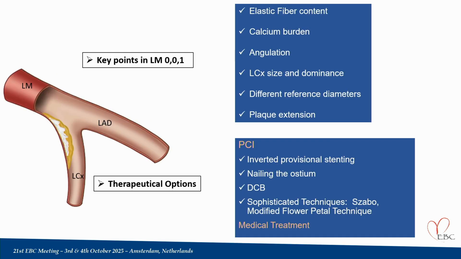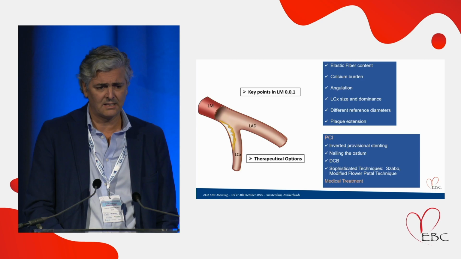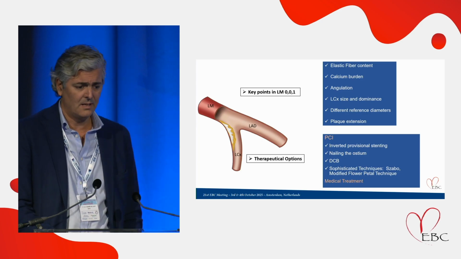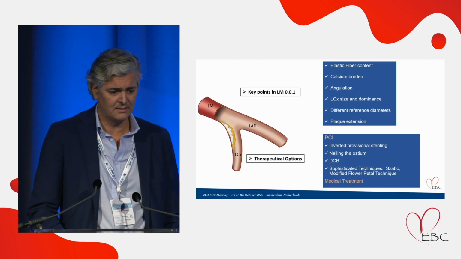And in the setting of the left main, the ostial circumflex lesions represent a particular challenge due to their complexity, and there are several key points we have to take into account when selecting the strategy, like the calcium burden, angulation, the size of the left circumflex, and the plaque extension, which when we analyze by intracoronary imaging used to be diffuse rather than focal.